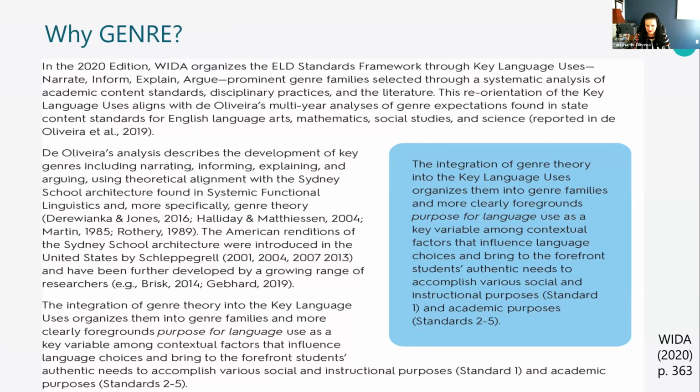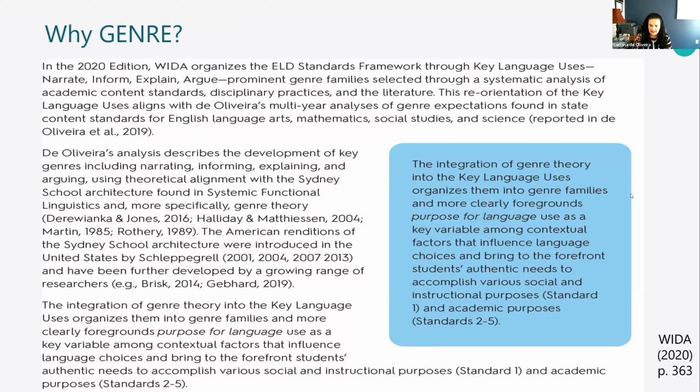And then it continues: the integration of genre theory into the key language uses organizes them into genre families and more clearly foregrounds purpose for language use as a key variable among contextual factors that influence language choices, and brings to the forefront students' authentic needs to accomplish various social, instructional, and academic purposes.